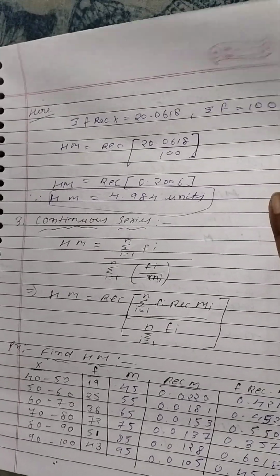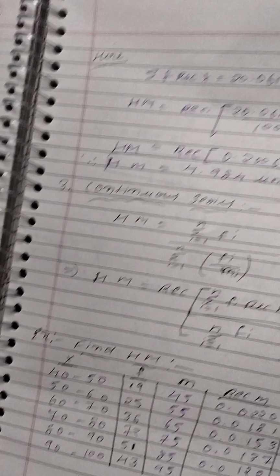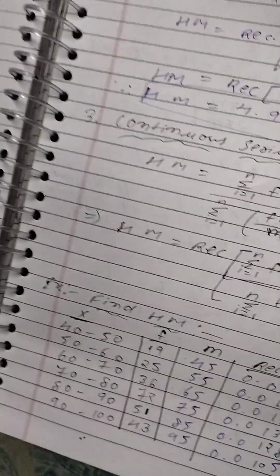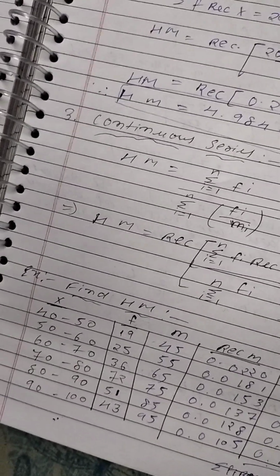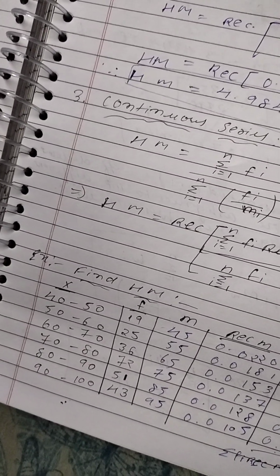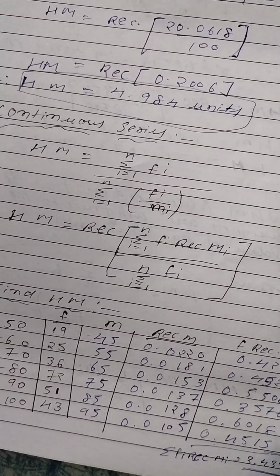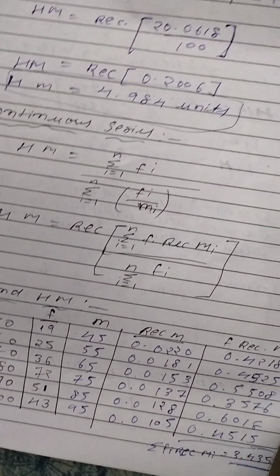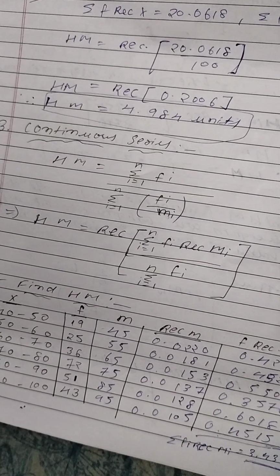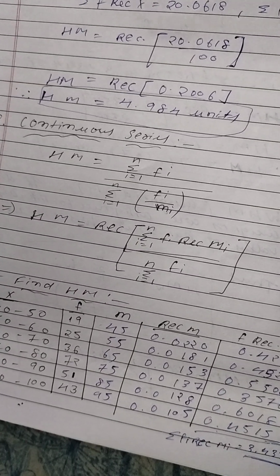Here the illustration is there, where the values are on the x-axis in ranges, and here you have calculated the mid value, then the frequency is there, and then the formula will be followed, where the reciprocal of M will be calculated.